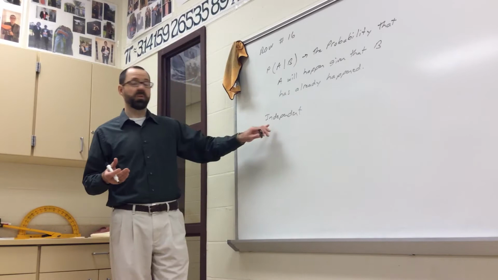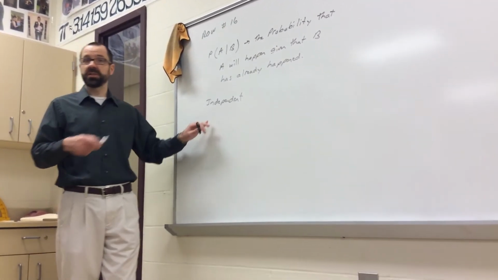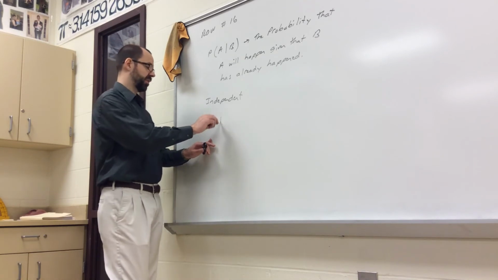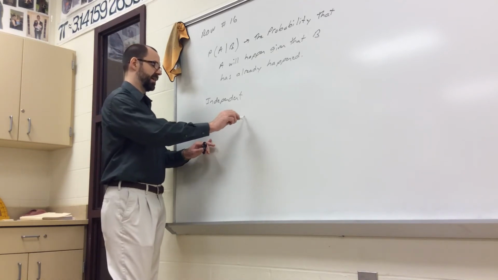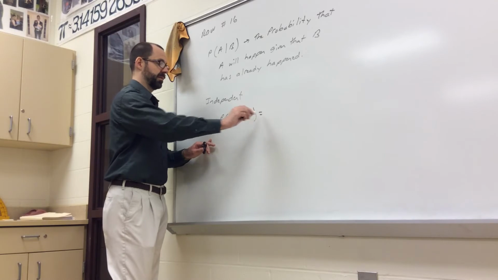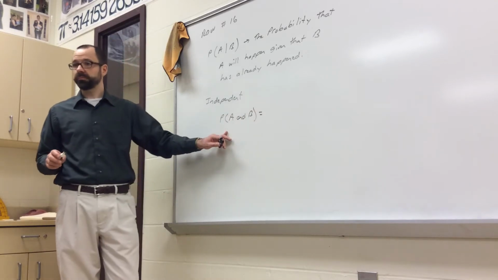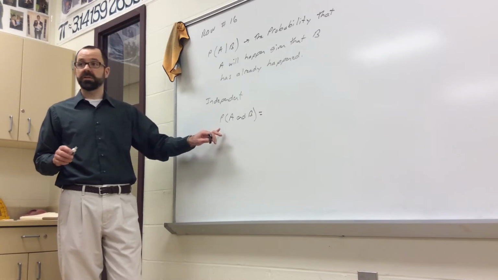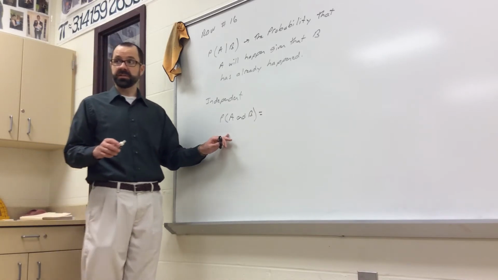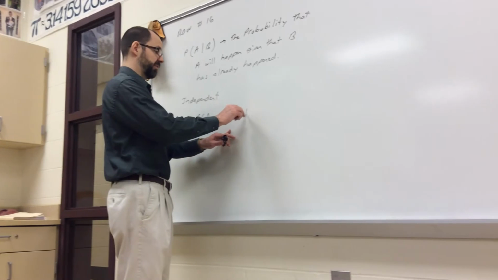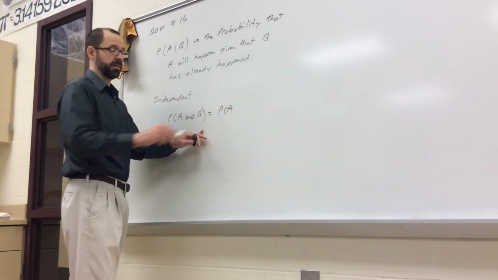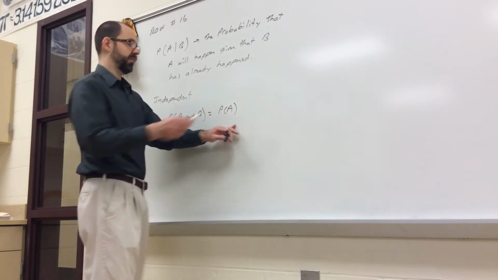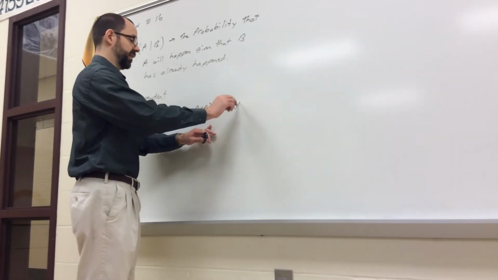All right, so if you have independent events, today we're going to find the probability of both of them happening. So this is the probability of A and B happening. And so the probability of both of them happening is, you figure out the probability of A happening, and then separately, you figure out the probability of B happening.